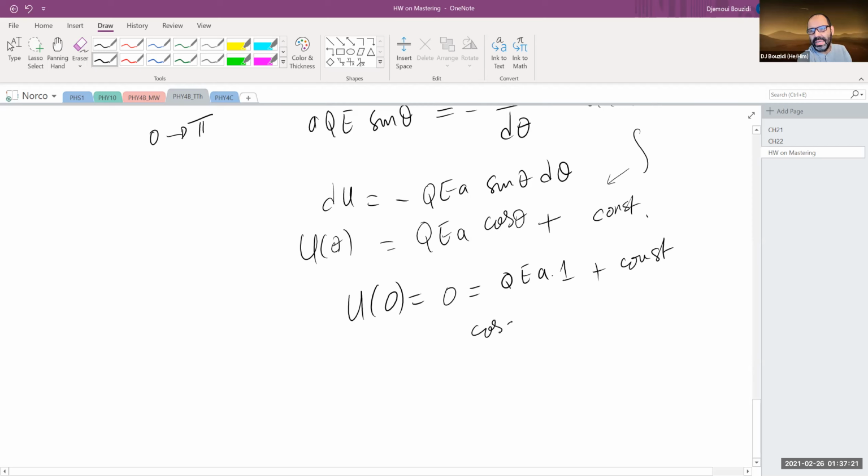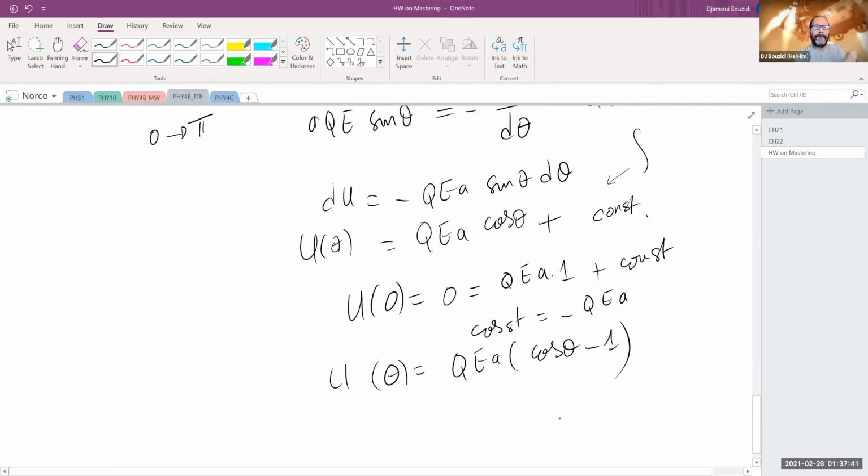That means the constant is actually equal to minus QEA. That's it. And then in general, in this region only, U of theta will simply be equal to this number minus the same number. So it's going to be just QEA times cosine of theta minus 1. Only here, in this region only.